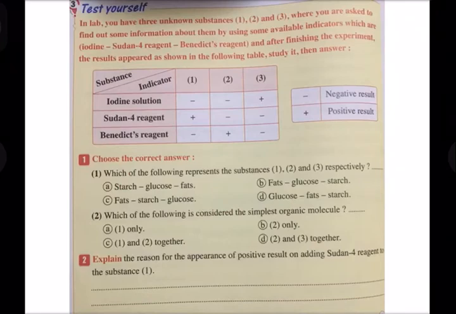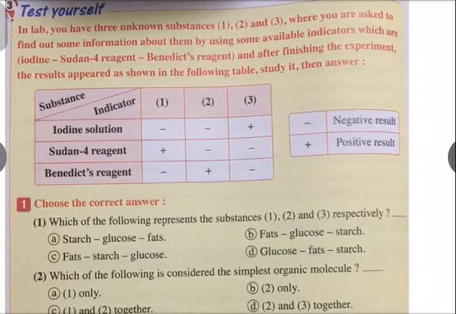In the lab you have 3 unknown substances 1, 2 and 3 where you are asked to find out some information about them by using some available indicators, which are iodine, Sudan 4 reagent, Benedict reagent, and after finishing the experiment the result appeared as shown in the following table. Study it, then answer.